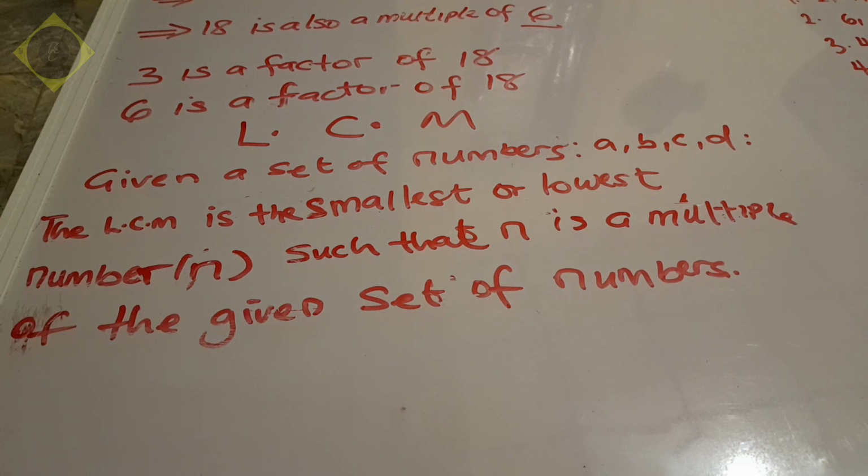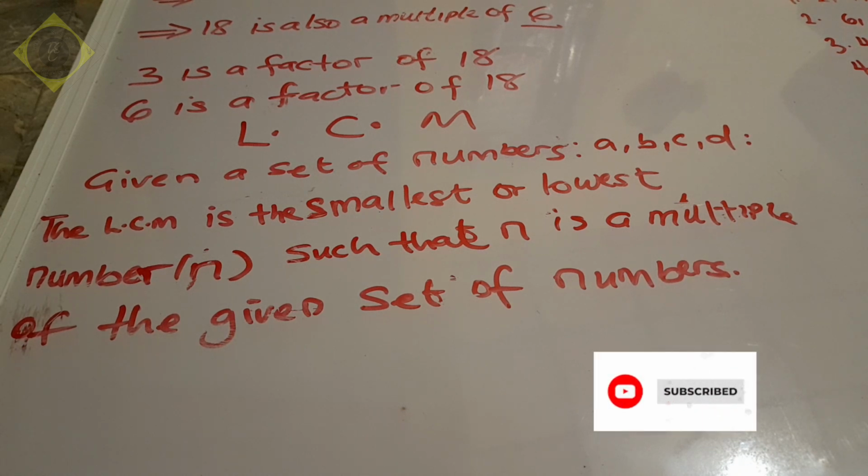So I said, given a set of numbers A, B, C, D, the LCM is the smallest or lowest number n, such that n is a multiple of the given set of numbers. So what I mean here is, given a set of numbers, the lowest common multiple is that multiple that is common to all the numbers given. The lowest multiple of all the numbers given.